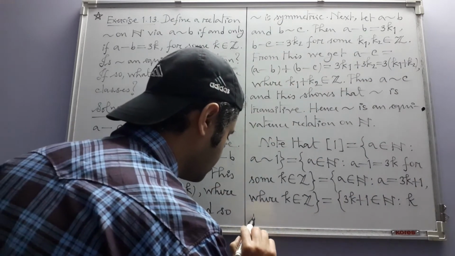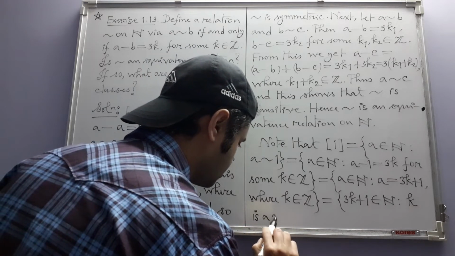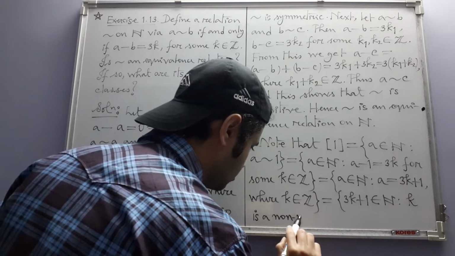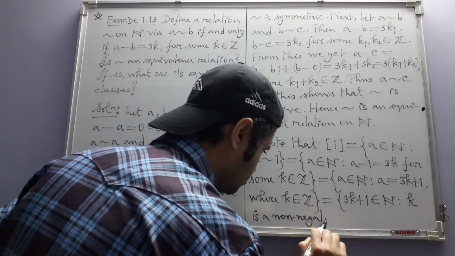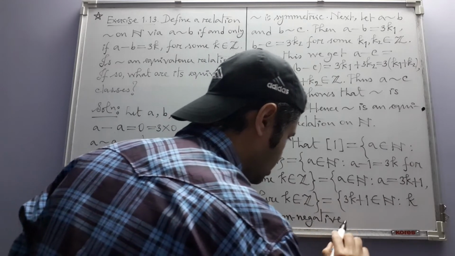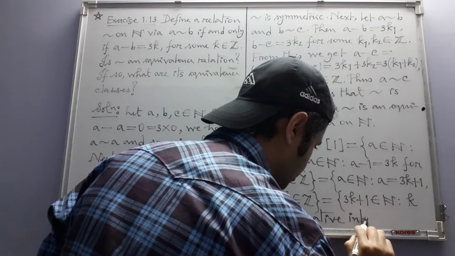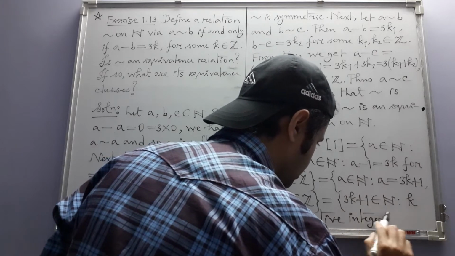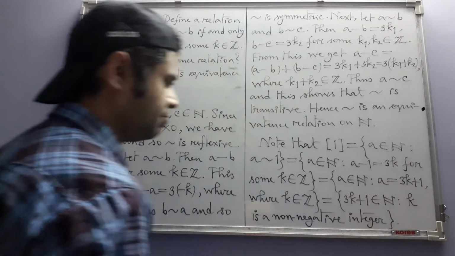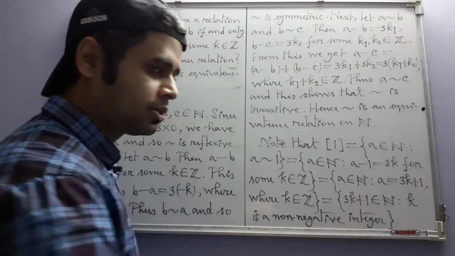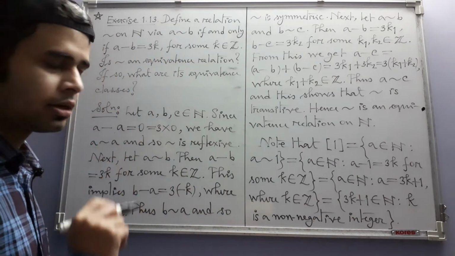K is either 0 or positive. When k is 0, the corresponding element is the natural number 1.